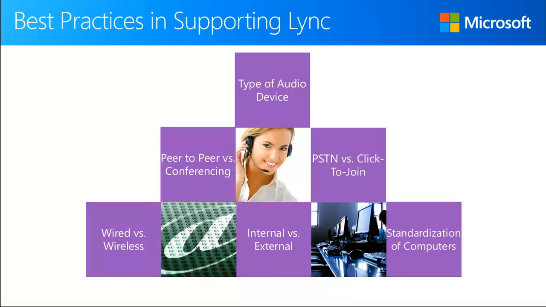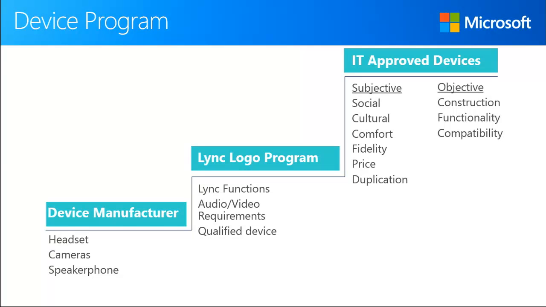And so these next two slides, I'm actually going to talk to you about things that we've done to help improve our user experience. So the first one was we created what we call our devices program. And our devices program was actually started before I was there, but really we defined it as three tiers. So anybody can build a headset or a camera or a speakerphone.